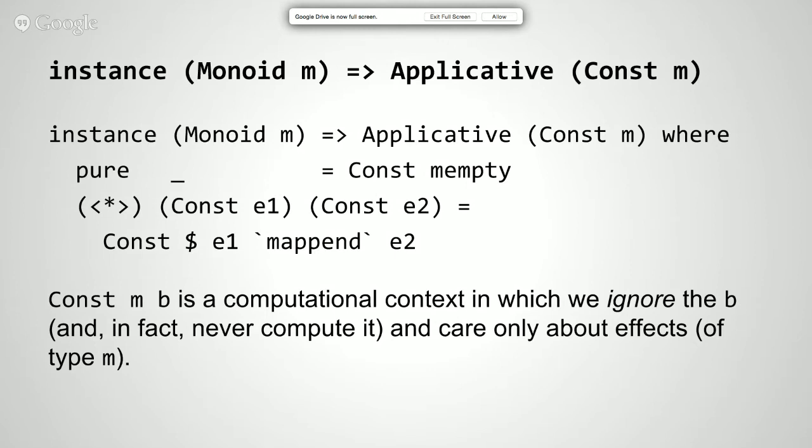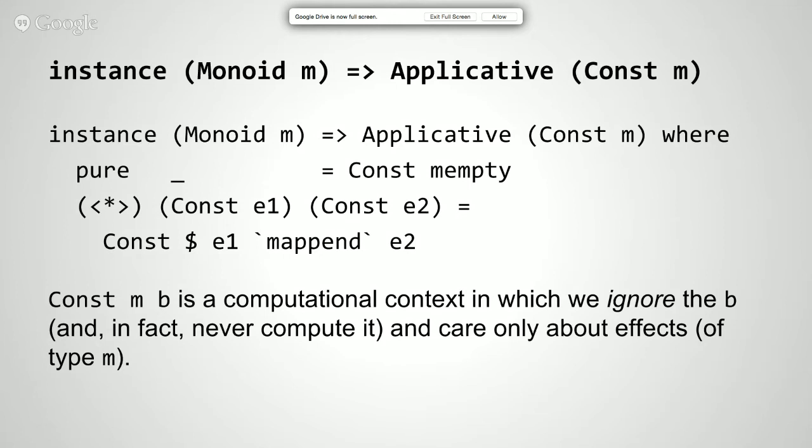And if you apply two Consts together, remember the E1 and E2 are in the monoid, and the second value of the Const is something we don't care about because we don't have them kicking around. That's Const (E1 mappend E2).